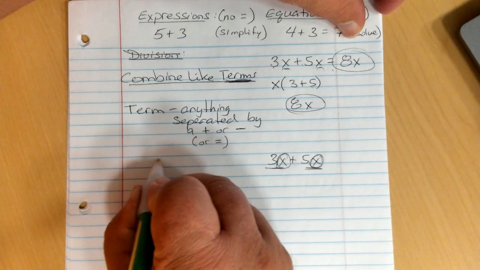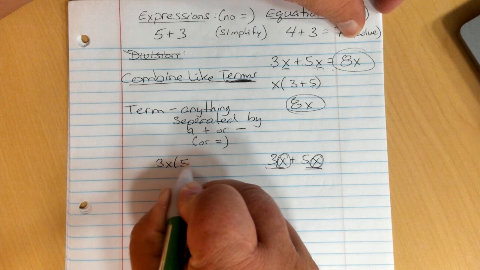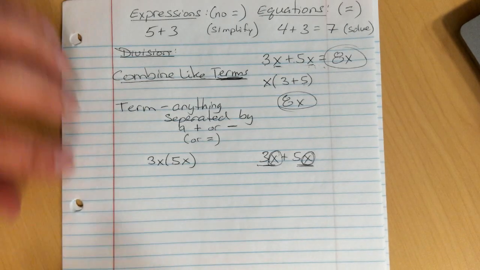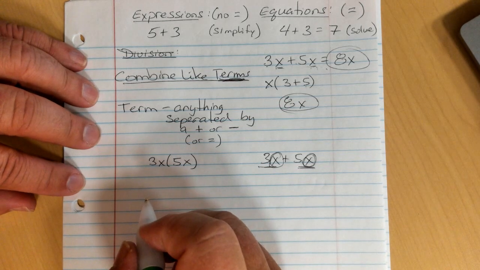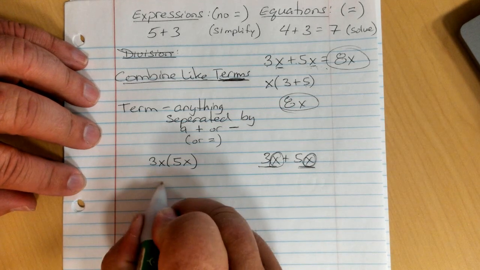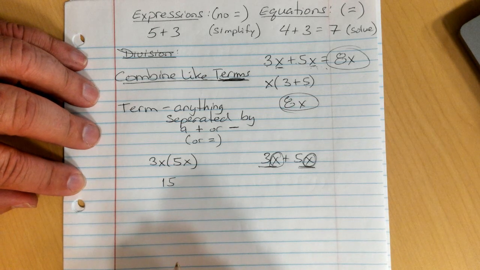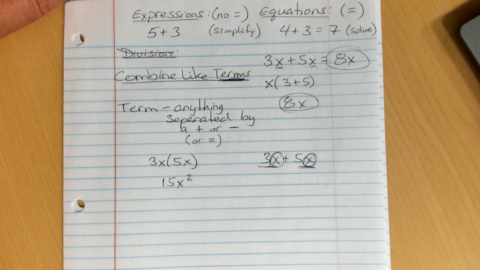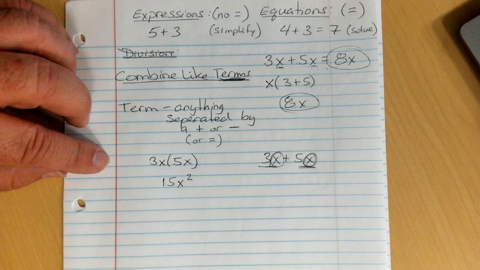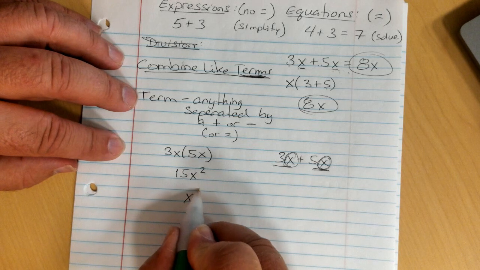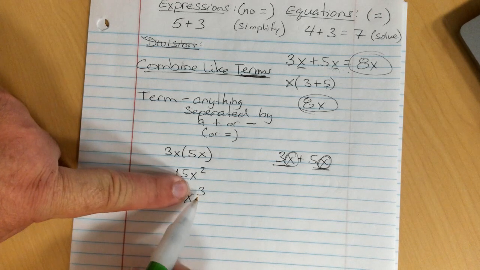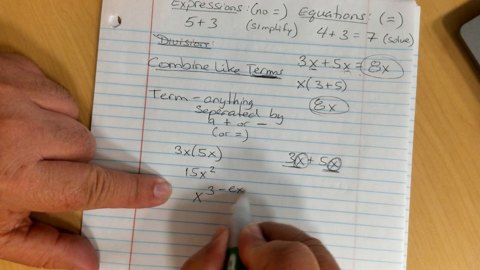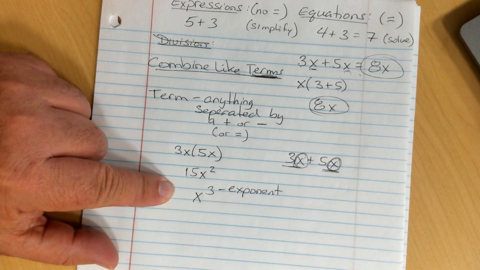How about if we had this? You do what? 15x. But how many x's do we have? 15x squared. Have you ever seen that thingy there? What's that called? It's called the exponent. What does an exponent represent?